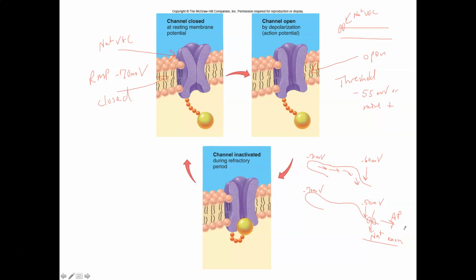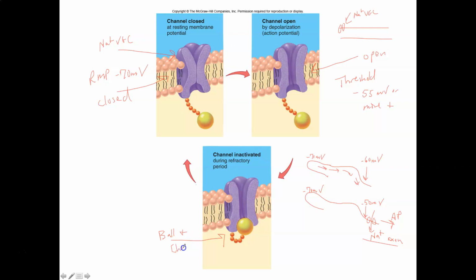So sodium channels are going to open at a faster rate than potassium channels, but they actually close faster as well. So potassium channels take a little bit longer to open, but then they stay open for a longer period of time. To finish off this sodium voltage gated channel, you can see this ball and chain structure.